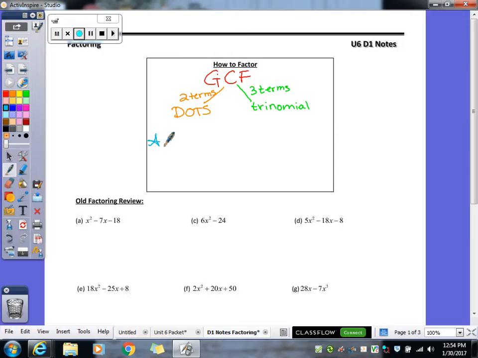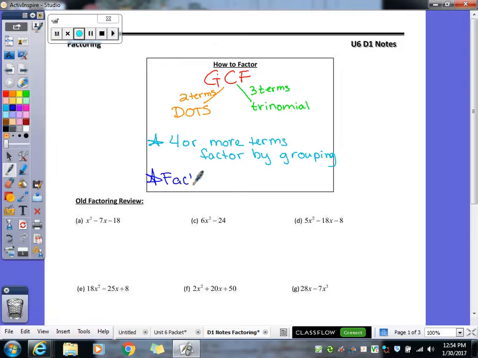Now, if you have 4 or more terms, you're going to factor by grouping. And then my other little note for here is factor completely is always implied.